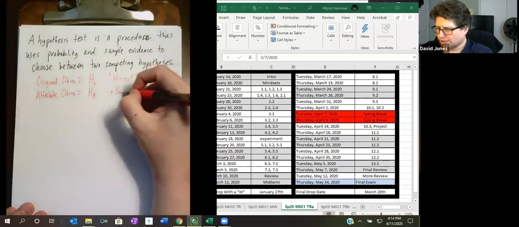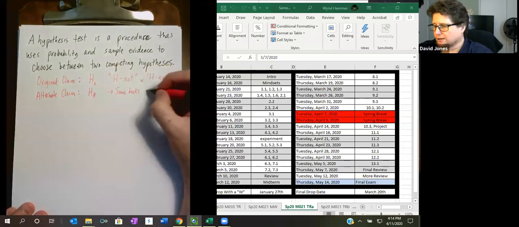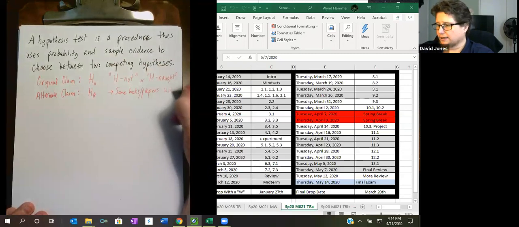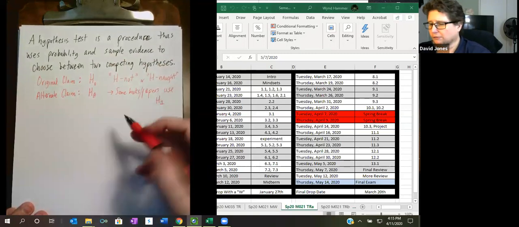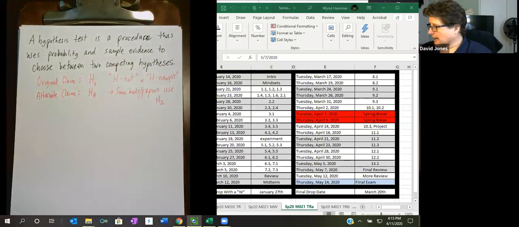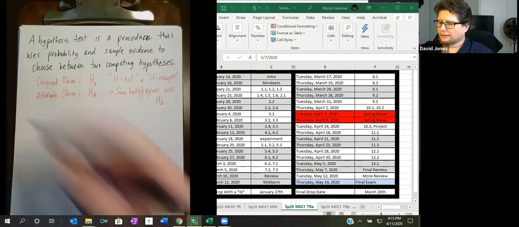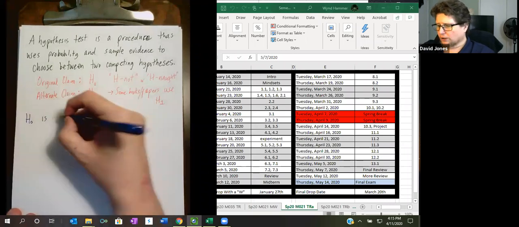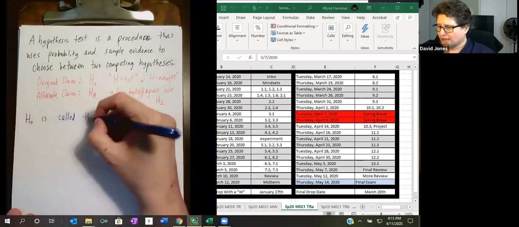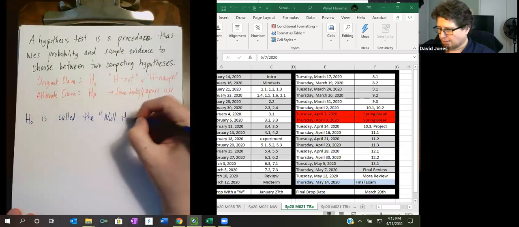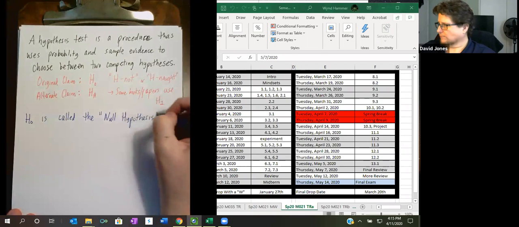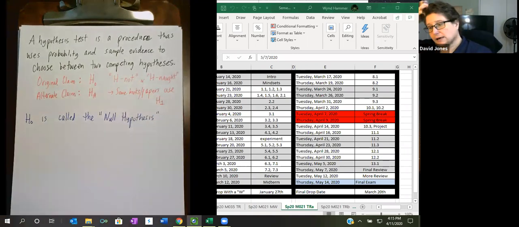Some books or some authors, papers, scientific studies use H1. So 0 versus 1 or original versus alternate. The H naught has a specific name, the null hypothesis. Okay. So I will use the phrase H naught. I will say null hypothesis.